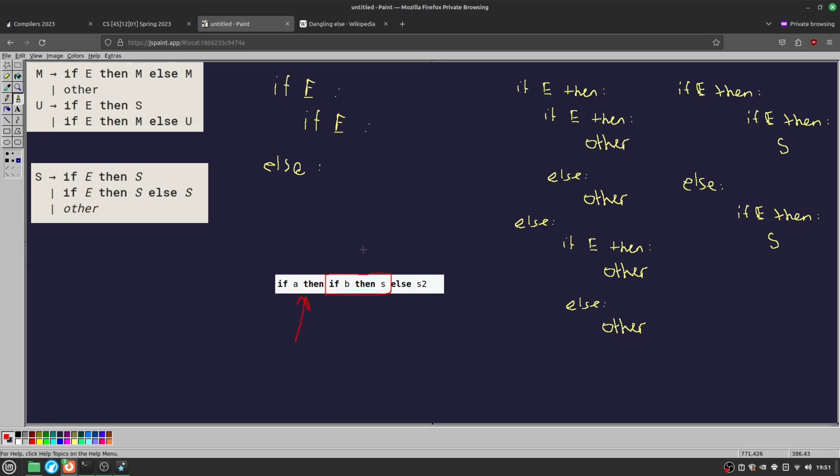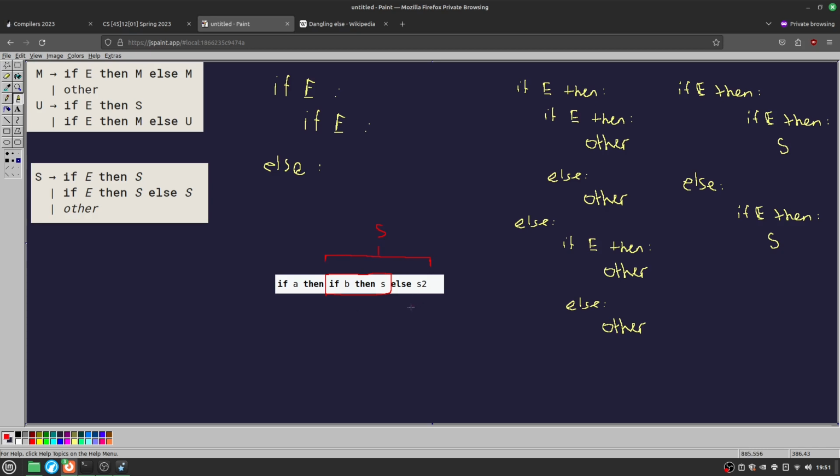I guess this somehow represents it properly, so if U equals E, then S, you have to treat this as one full statement, right?